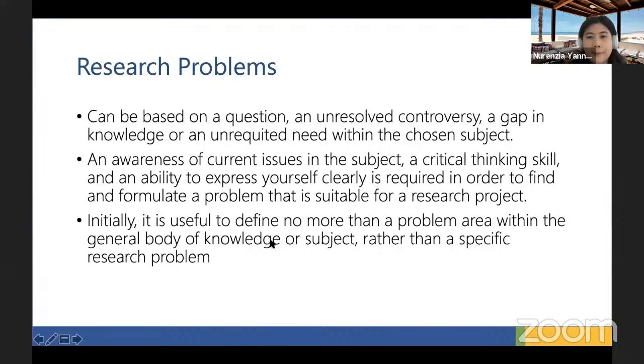We can have one big main question, and then we continue by formulating more specific research questions. Yeah, so start with something general, and then the specific research problem can be formulated later.